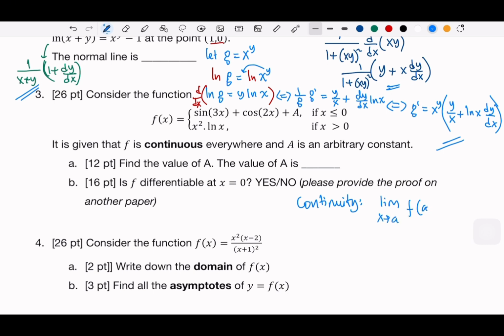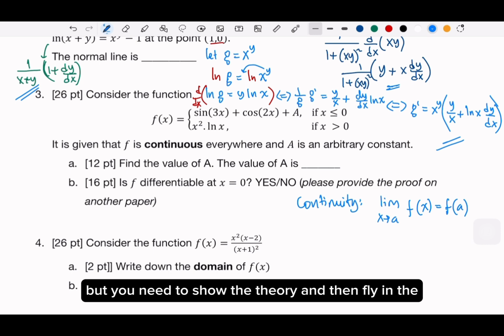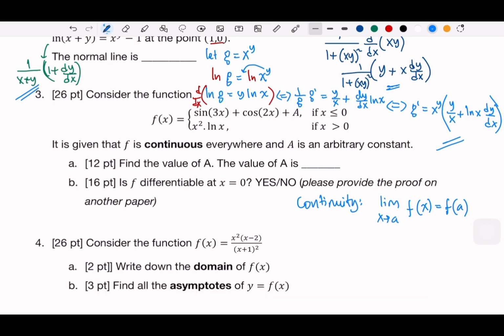We talk about theory, but you need to show the theory and then apply it in the question. So you need to make this equation, which means that we need to find the limit exists first.